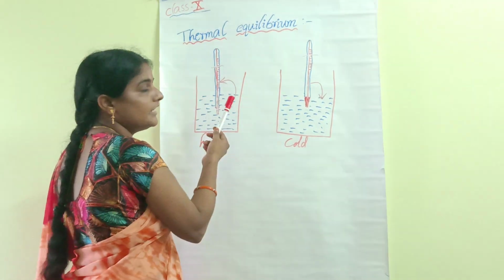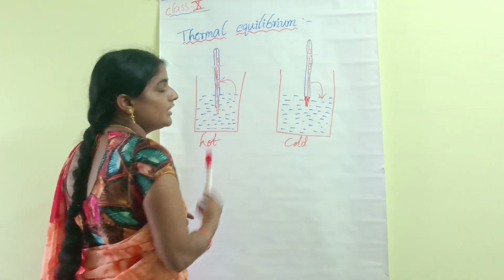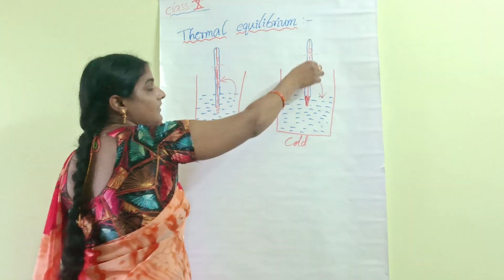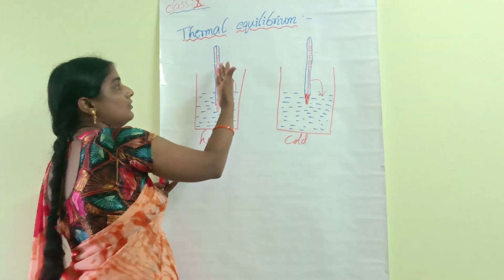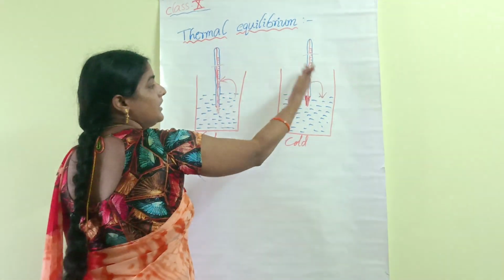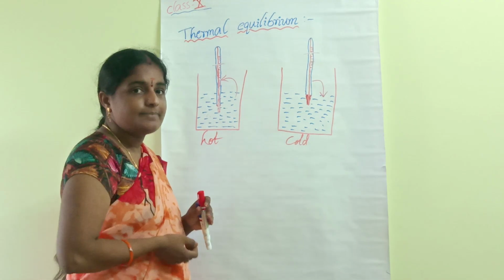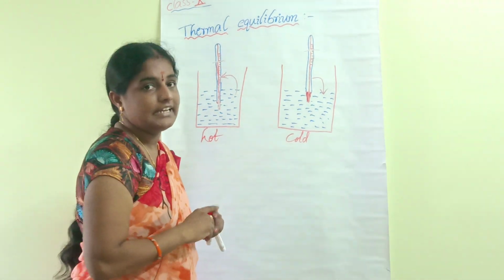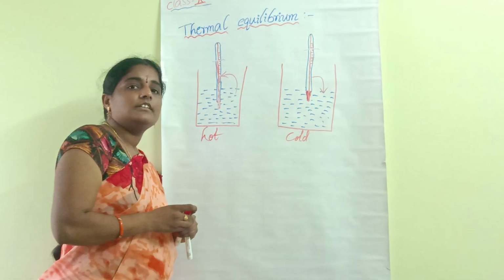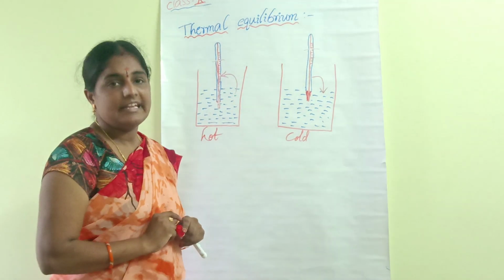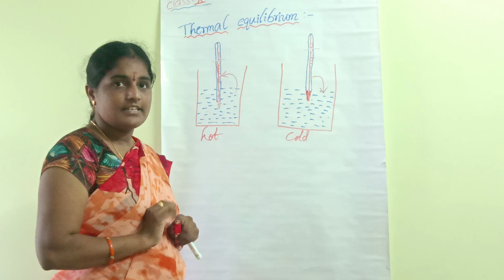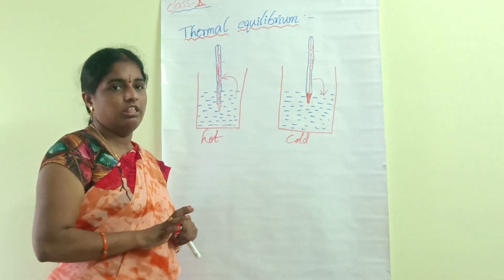Take out the thermometer and put it in cold water. Then the mercury level will decrease. This transfer from water to thermometer or from thermometer to water will take place till both of them attain equal temperature. Then we can say that both are under thermal equilibrium. Okay, this is the concept that we completed.